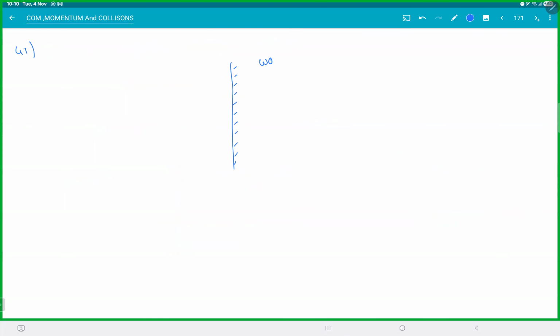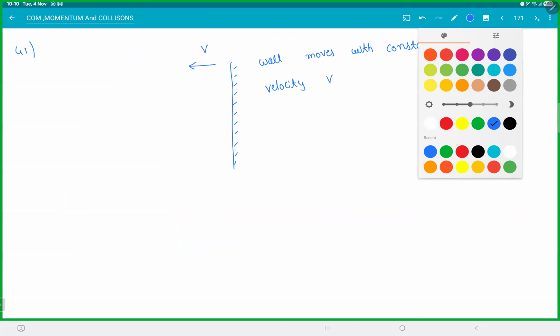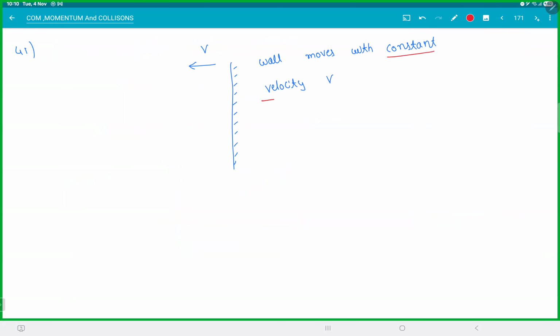Let's say we have a wall here. The wall is going with constant speed v. It's moving with constant velocity. That word is important.